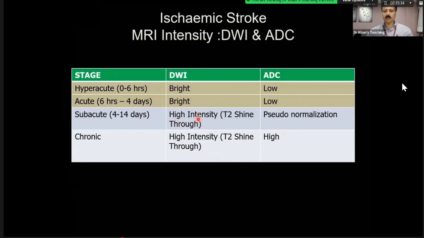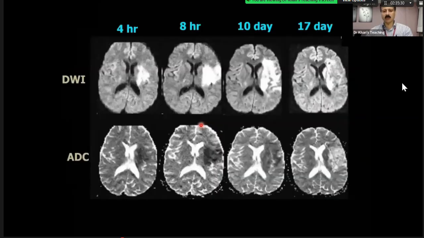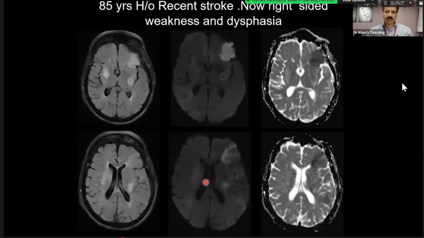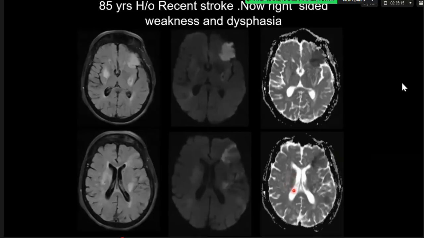It's a subjective type of thing, but these words have got a meaning. If you see here, this is bright, and this is bright, and this is high. And then you compare this high with the ADC. And what do you think is the ADC? So that is T2 shine through.